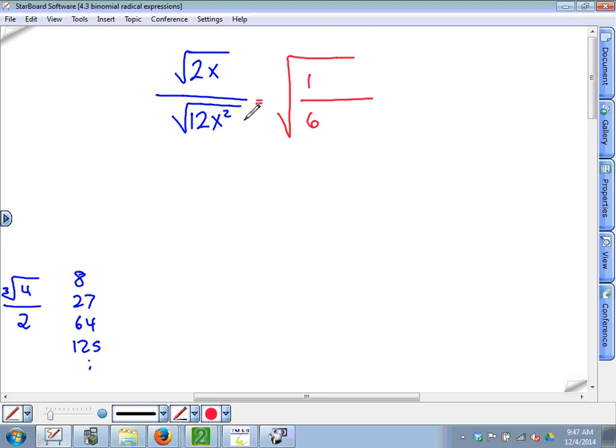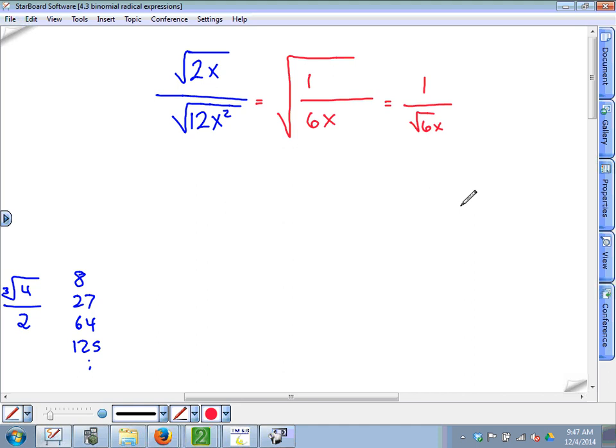What happens there? We just have an x on the bottom. So now we have the square root of 1 divided by the square root of 6x. The square root of 1 really is just 1. You don't even need the square root of 1. You just need 1.